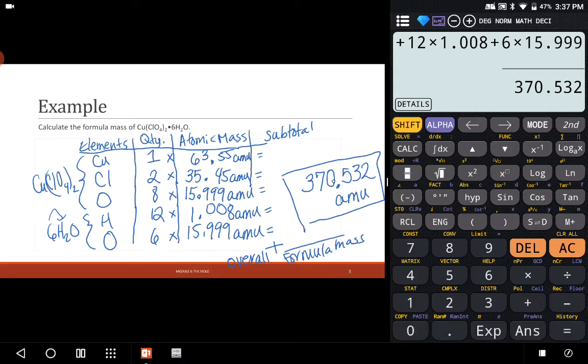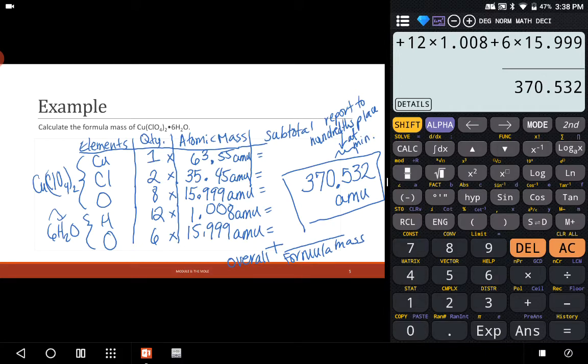As far as sig figs go, this should never be limiting your sig figs, but you can see that when we're adding all these things up, all of these have at least 2 digits after the decimal point. So your answer here should have at least 2 digits after the decimal point. If it does not, you need to have a better periodic table. So I'm going to say report to the hundredths place at minimum.